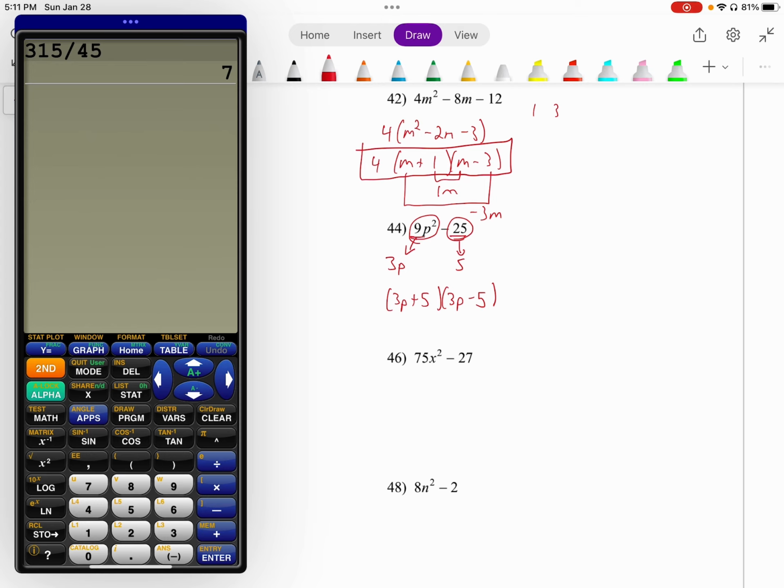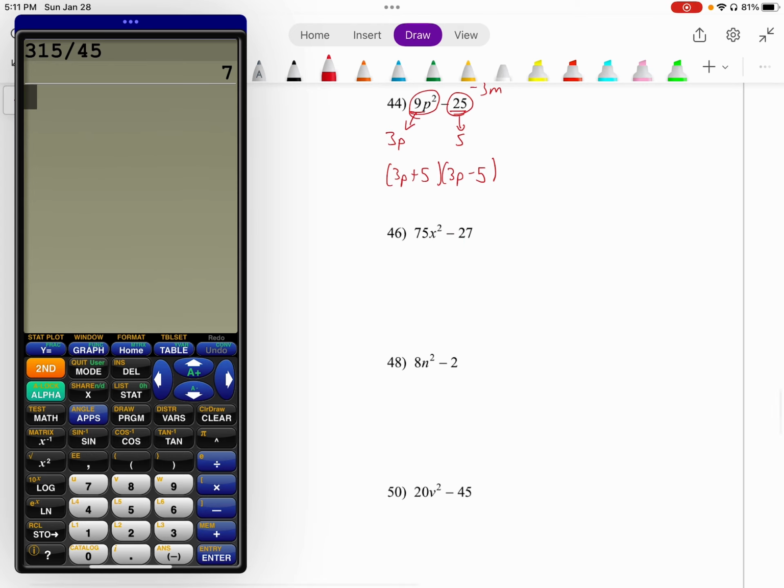Let's look at 46. The first thing we're supposed to do is see if there's any common factors. And in fact, I think 3 goes into both of those. So 3 goes into 75, 25 times. So we have 25x squared. 3 goes into 27 9 times. This is 2 terms, so we want to identify, are these both perfect squares?